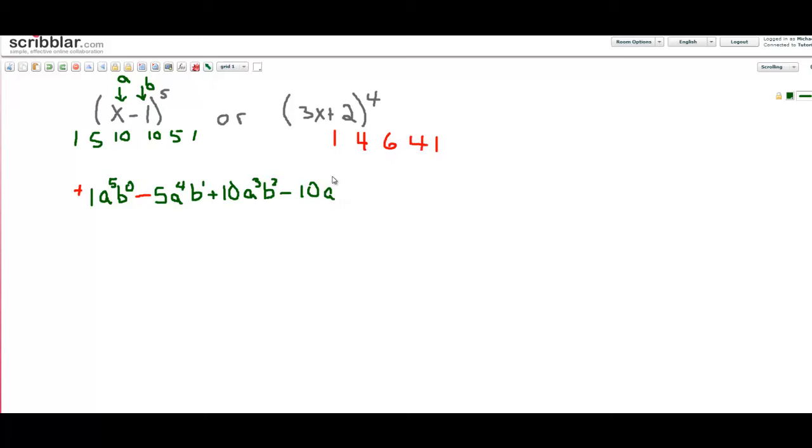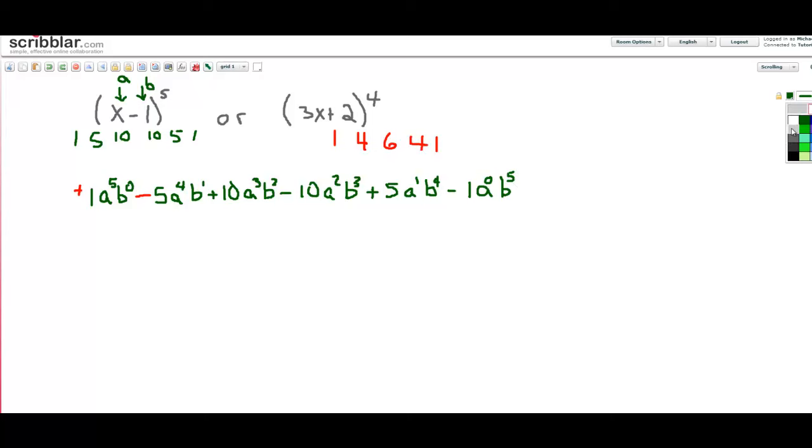So now it's going to be A to the 2nd. B is going to go up, B to the 3rd. Next extra coefficient of 5. I was minus, now it's plus 5. Now it's going to be just an A to the 1st and B to the 4th. Last one, change the sign, and it's just a 1 for a coefficient, A to the 0, and B to the fifth.